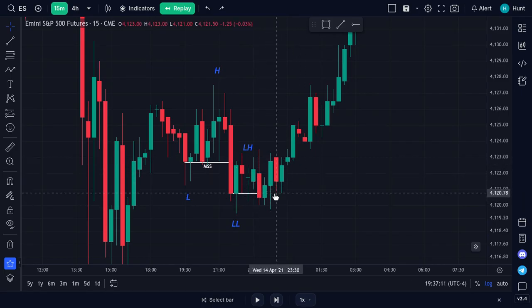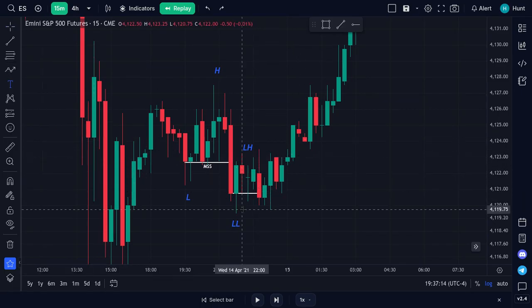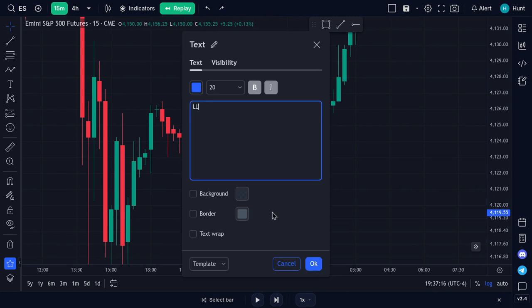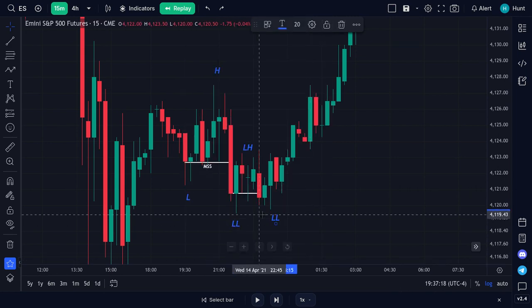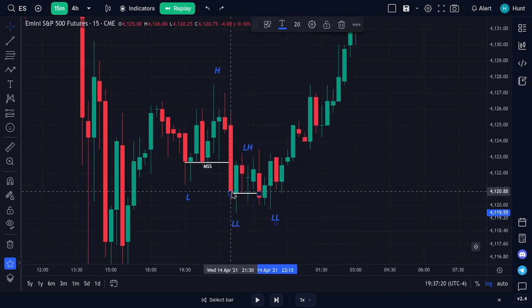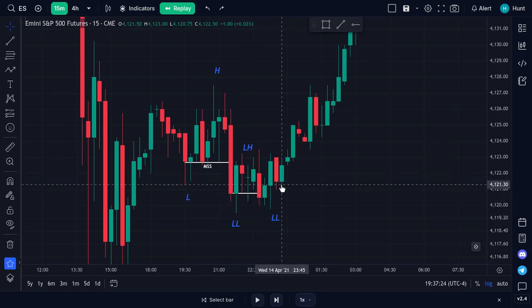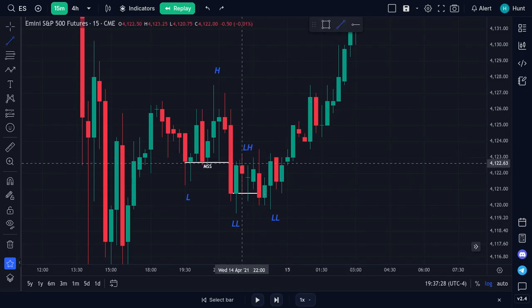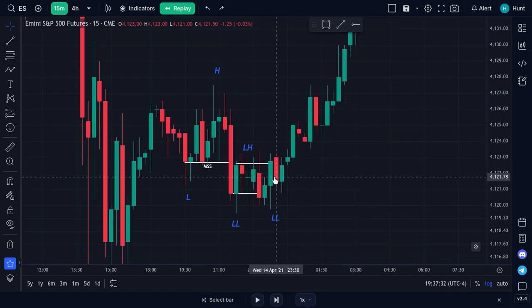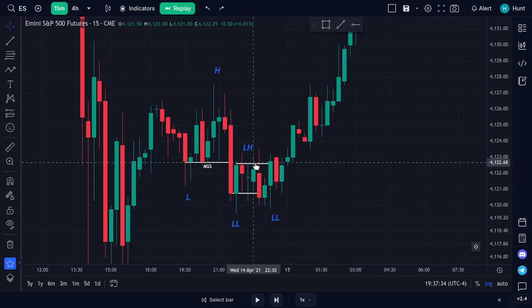But then what do we see? After we create this lower low, because this low is technically lower than this one via the candle bodies, what do we see? We see price does not create a lower high, but what does it do with the previous lower high? It breaks above it. You see this green candle right here breaks above this high.